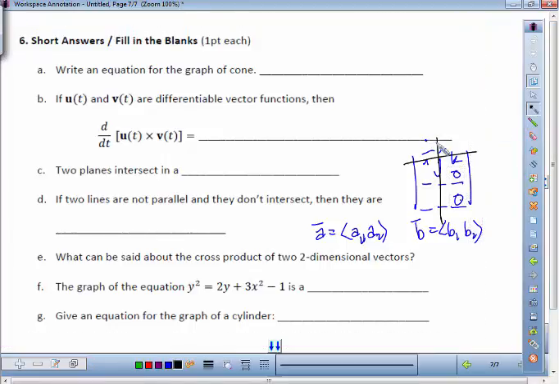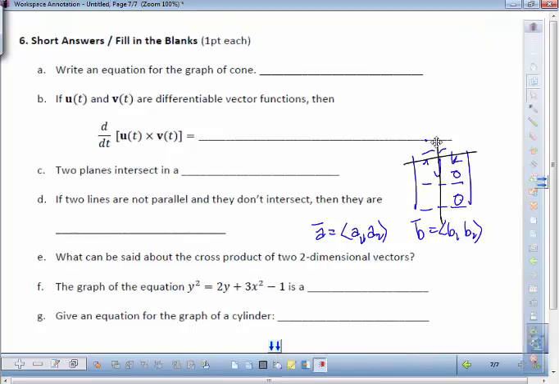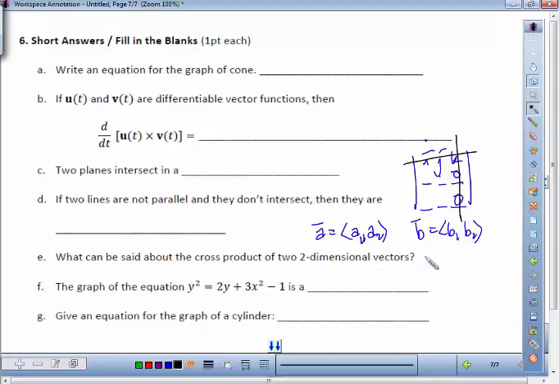So the only thing this will give you is something in the K direction. So your vector is 0I plus 0J plus something K, in the K direction only.